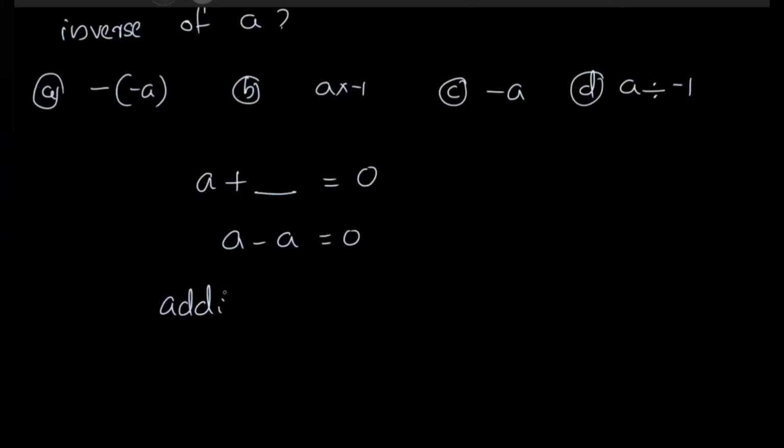So the additive inverse of A is equal to negative A. From the given options, option A, negative of negative A, means positive A. That is not equal to the additive inverse. Option B, A into negative 1, is equal to negative A itself.